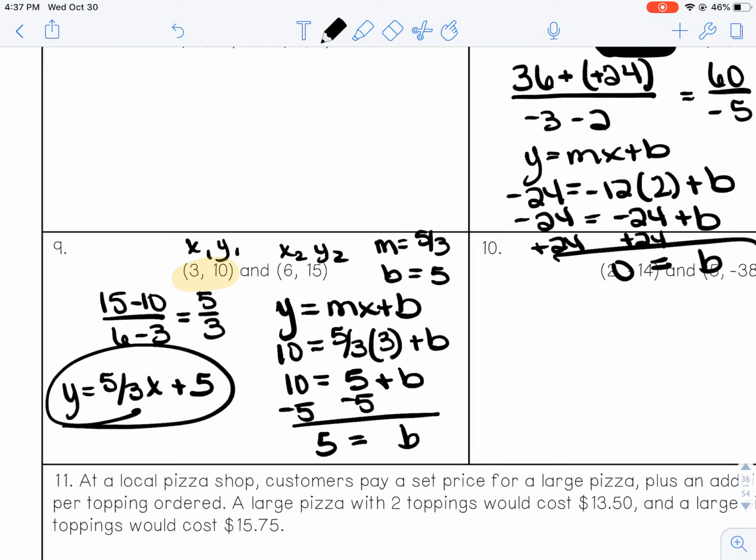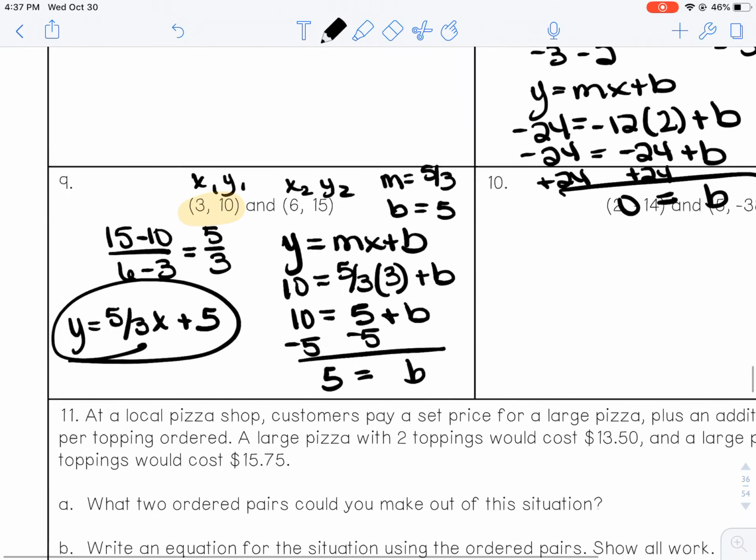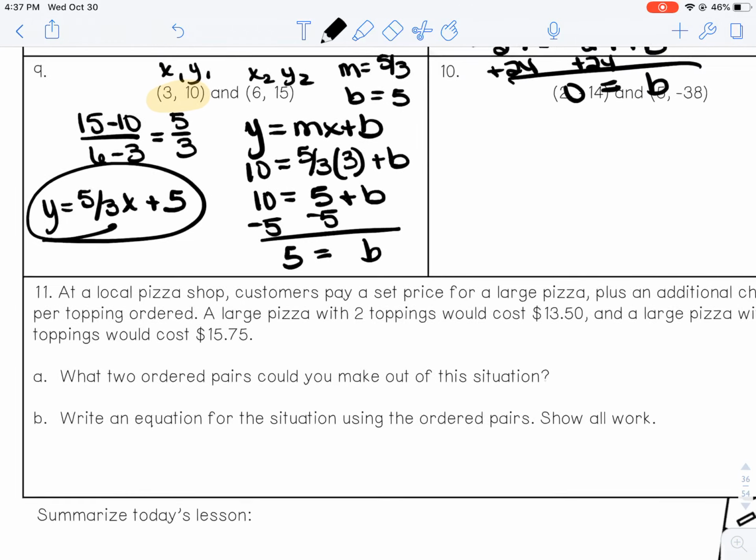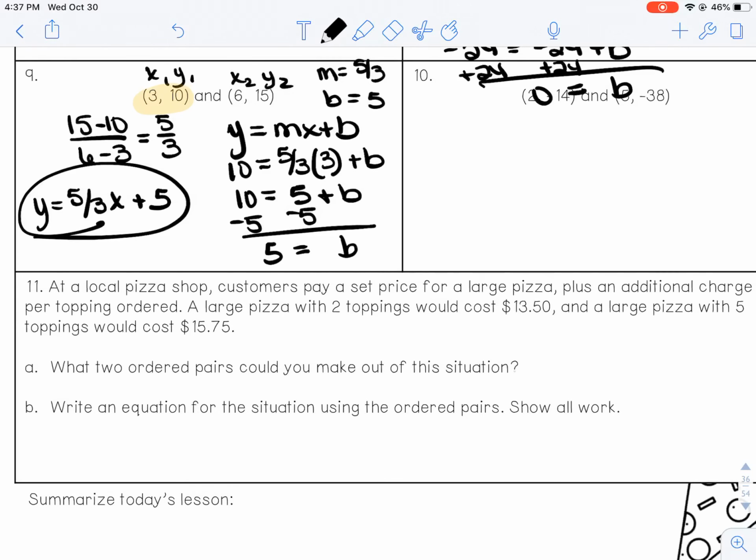Okay. Last problem that we're going to do together. All right. We have a word problem. At a local pizza shop, customers pay a set price for a large pizza plus additional charges per topping. A large pizza with 2 toppings costs $13.50, and a large pizza with 5 toppings, $15.75. What 2 ordered pairs would you make out of this situation?